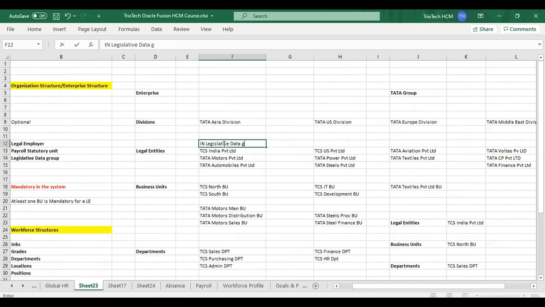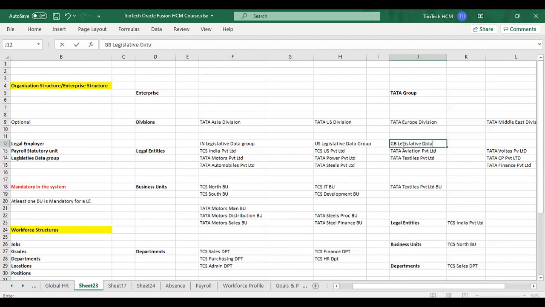For all the legal entities in the United States, when I'm defining them, I will map the US legislative data group. And for Europe, I will define Great Britain, GB legislative data group, nothing but UK.